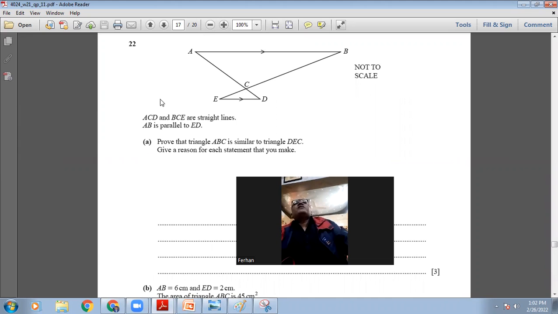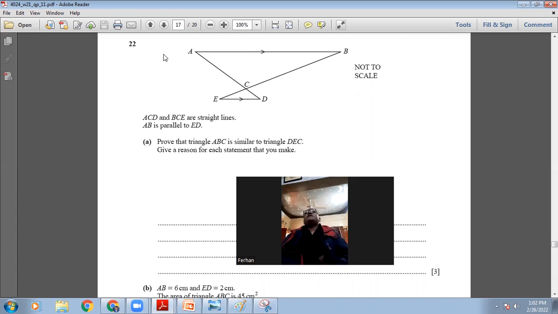Very easily we can prove, you see that this angle and this angle will be equal to each other because they are alternate angles. This angle and this angle will be equal to each other, the reason is they are alternate angles. And then this angle and this angle will be equal to each other because they are vertically opposite angles.